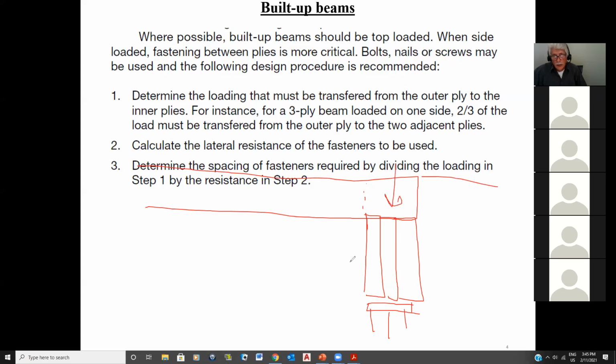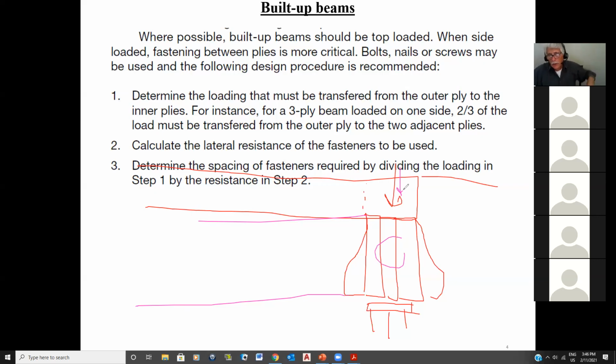If I'm going to have joist hangers here, and if the joists are being supported on the side, then of course that's side loaded. And then of course, this one, you have to be a little bit careful on how many plies, anyways, you'll see. So if you can, you should top load, but since some people would like to have that headroom and they want to put that beam as high into the floor as possible, therefore the beam becomes side loaded.